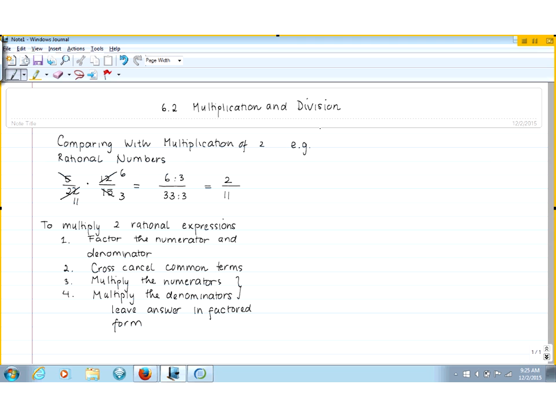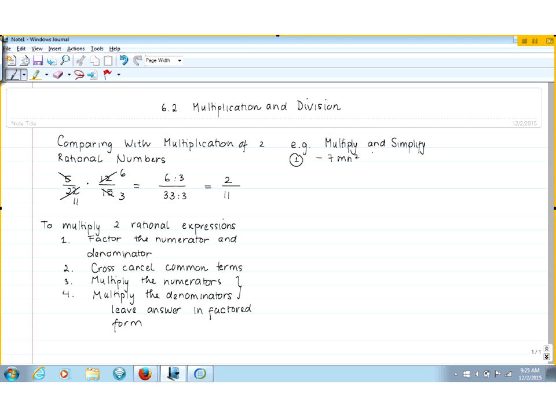Okay. So, for example, multiply and simplify, if possible. Number one.